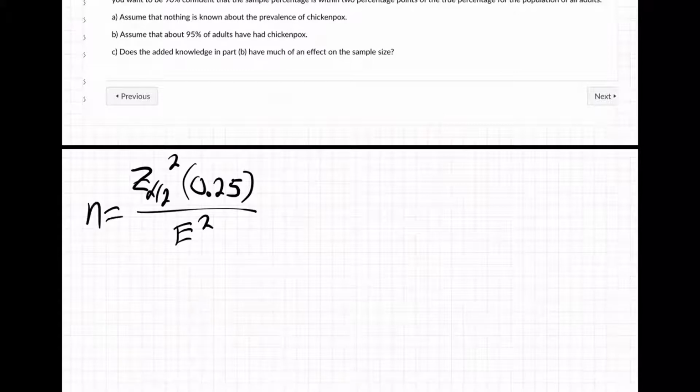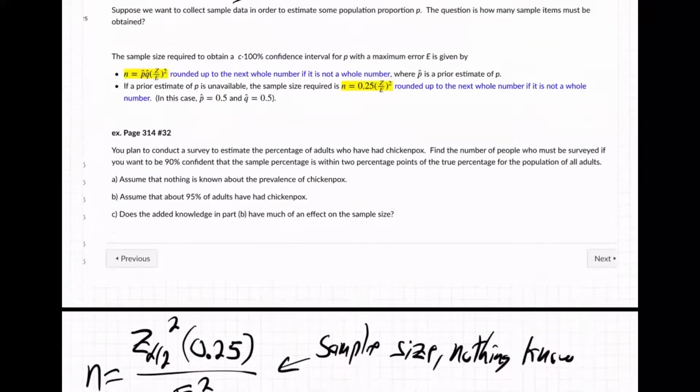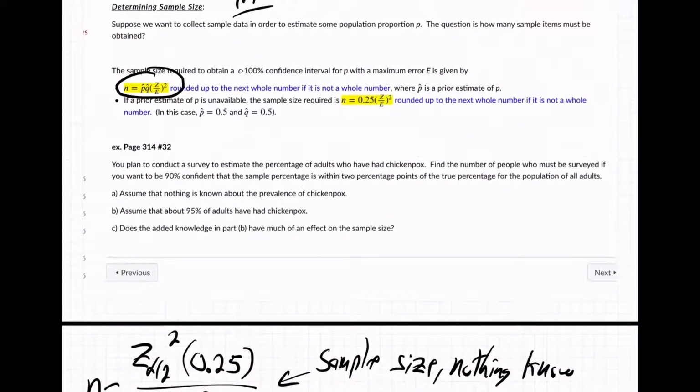So that's the N, the sample size. Nothing known. Nothing known. And that's the same formula right here.